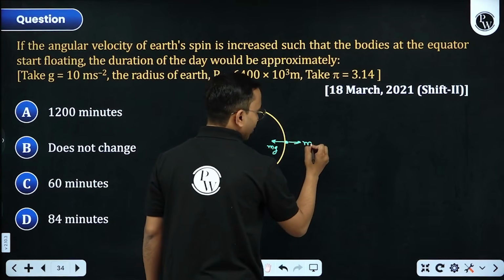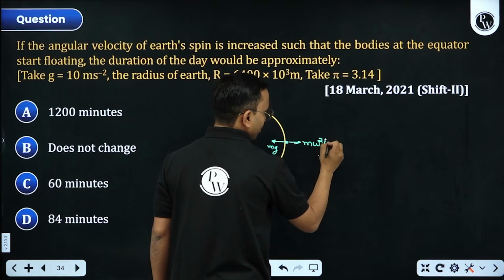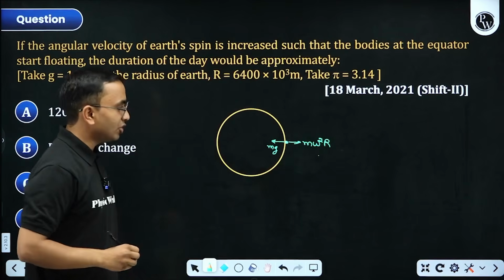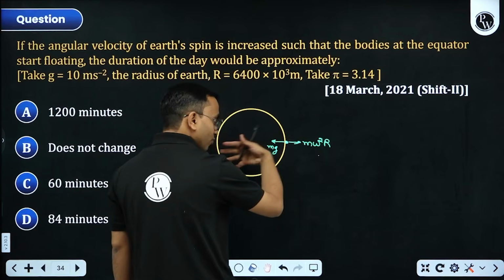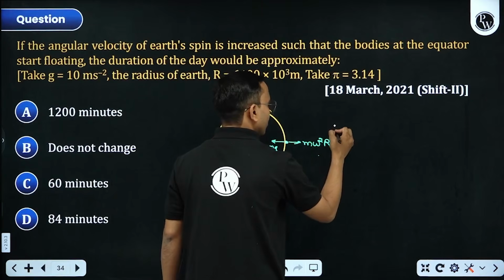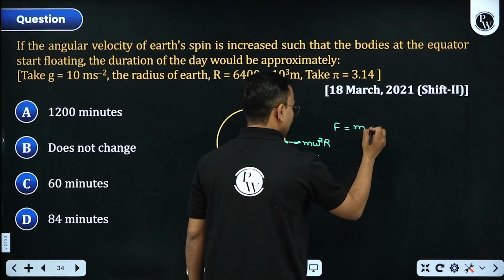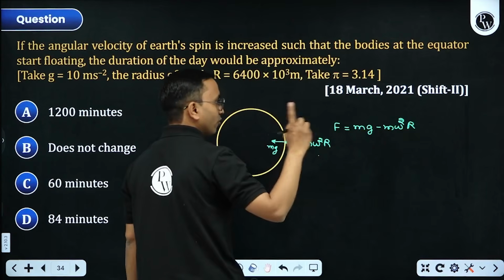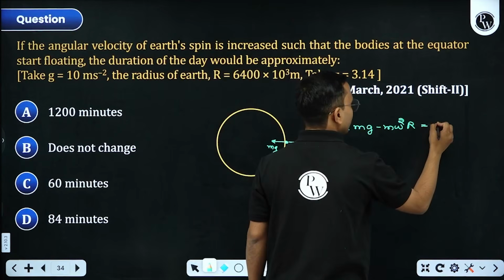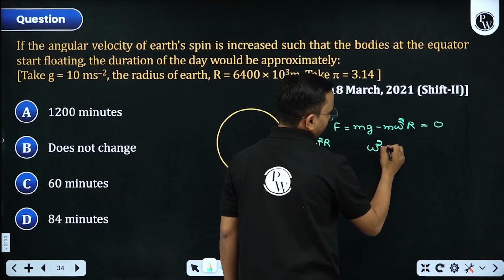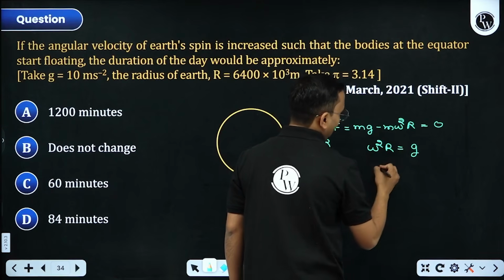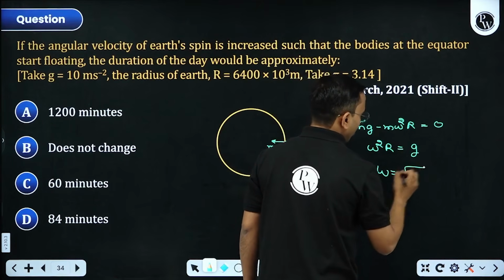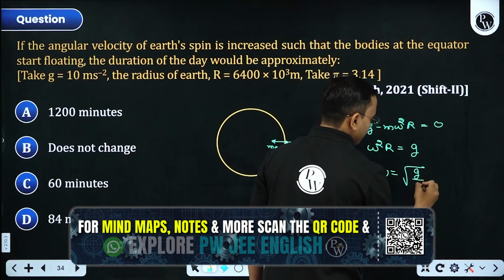This is m omega square r. My effective force, if I say the resultant force F, is mg minus m omega square r. And start floating means this becomes 0. It means omega square r becomes equal to g, and omega becomes root of g by r.